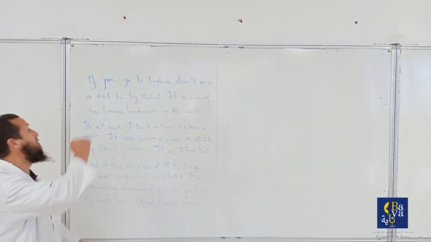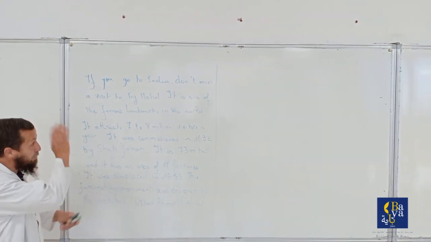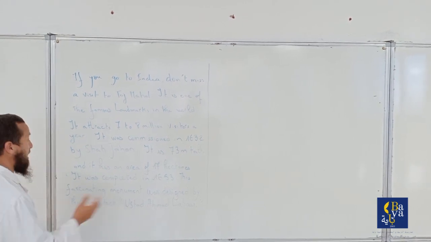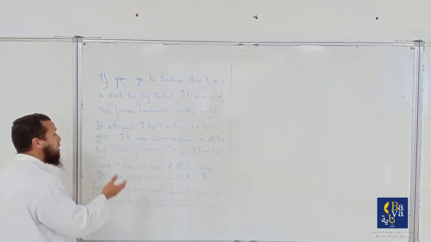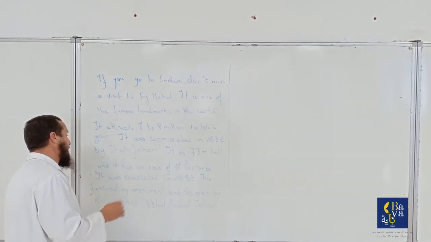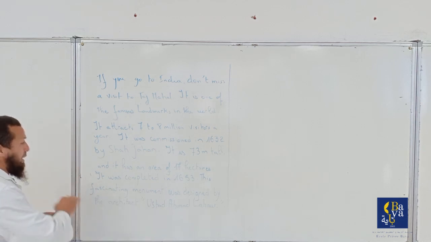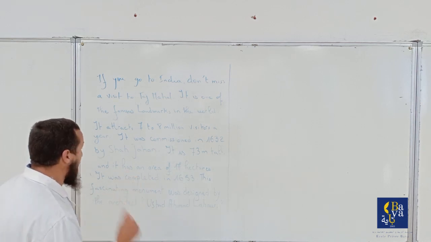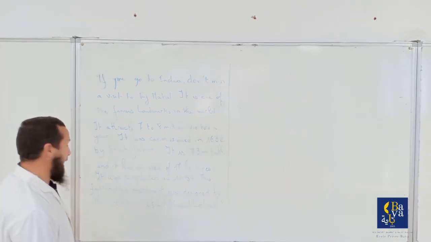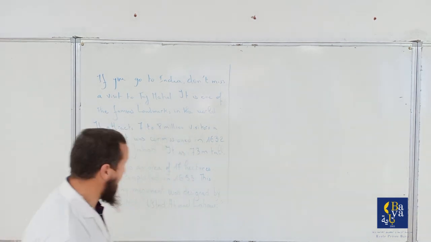It's one of the famous landmarks in the world. It attracts 7 to 8 million visitors a year. It was commissioned in 1632 by Shah Jahan. It's 73 meters tall and it has an area of 17 hectares. It was completed in 1653. This fascinating monument was designed by the architect Ustad Ahmad Lahori.